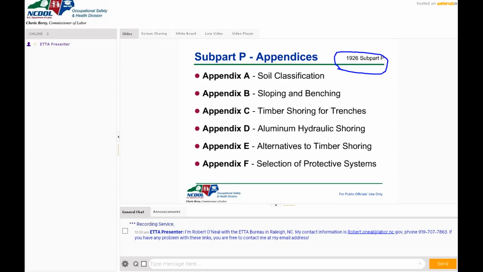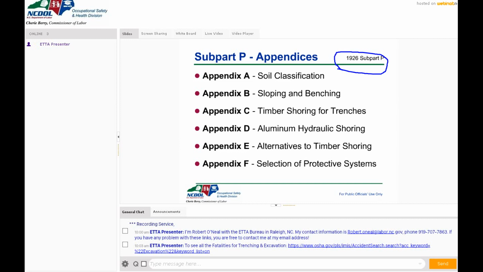And you can follow this link right here that I'm going to place in here. They have two of them that specifically address how to classify the soil along with sloping and benching as well.